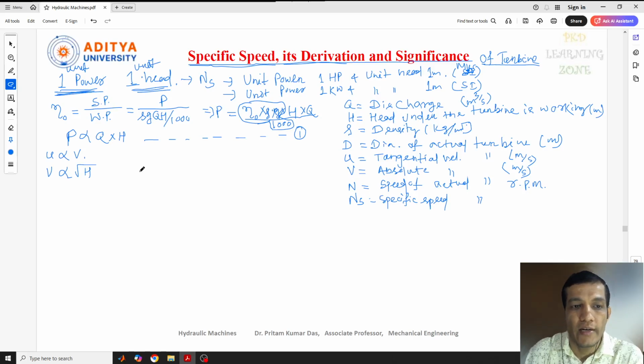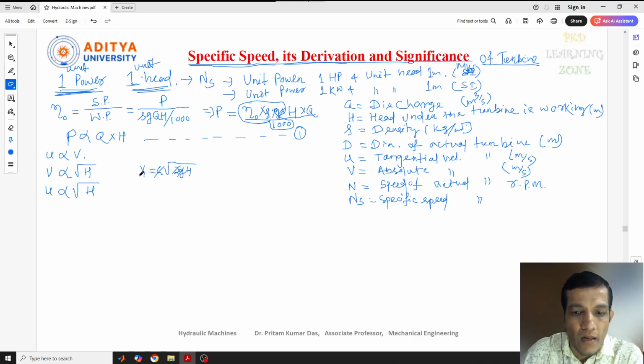We know one equation, the absolute velocity V1, which we derived previously, that is Cv root over of 2gH. Here Cv is some coefficient of velocity, a constant term. So 2 is constant, G is constant, Cv is also constant. So we can write V1 is directly proportional to root over of H. Now from this equation we can write U is directly proportional to root over of H, and this one will give an equation.